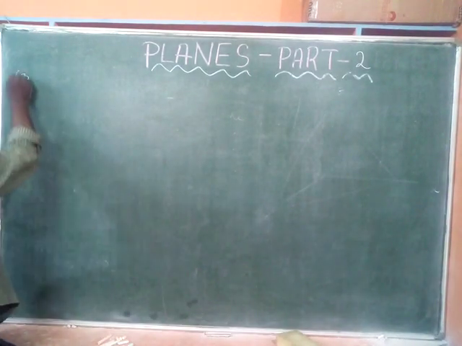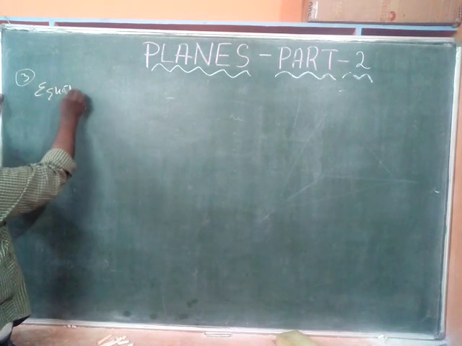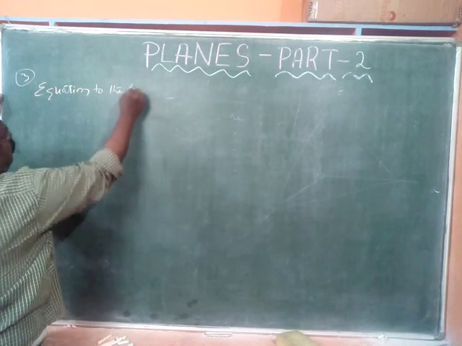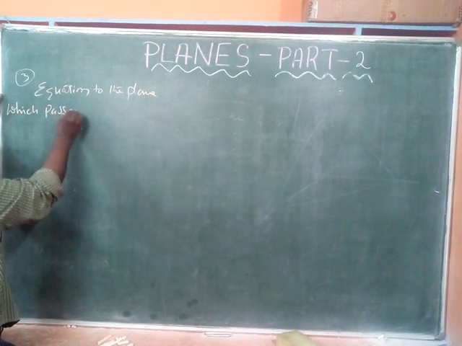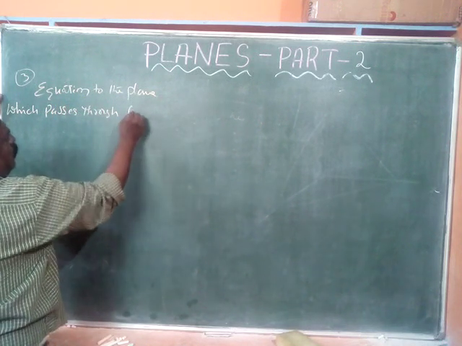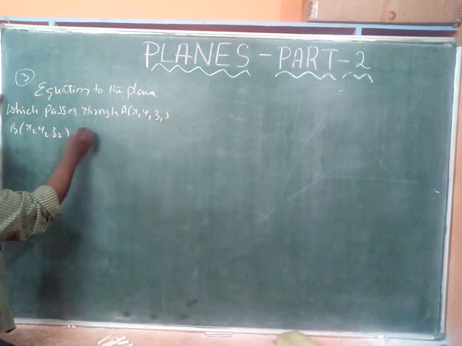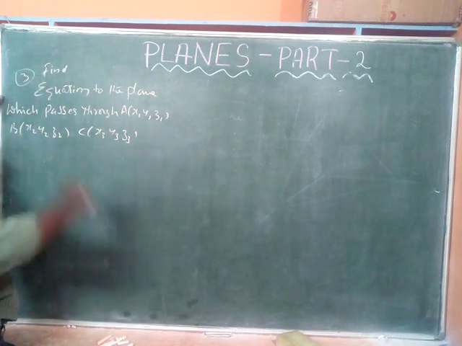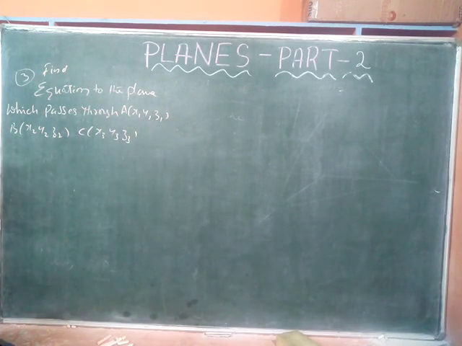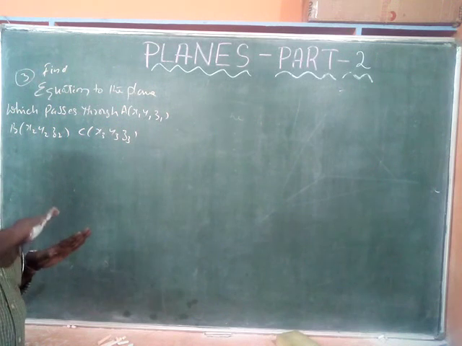Now, first, observe. Find the equation of the plane which passes through A (x1, y1, z1), B (x2, y2, z2), and C (x3, y3, z3). Find the equation of the plane which is passing through the 3 points. 3 points are there in space. Through those 3 points A, B, C, a plane no doubt will pass.